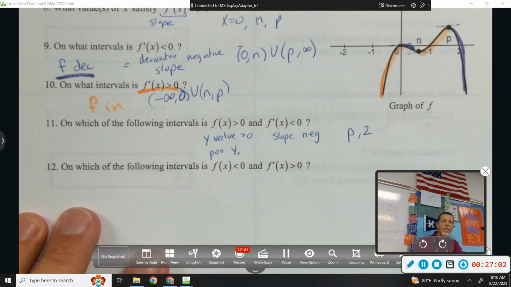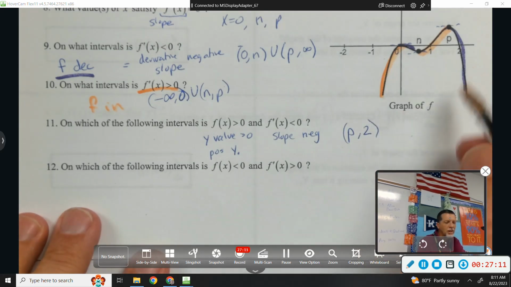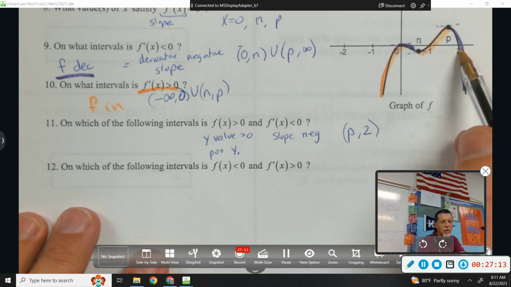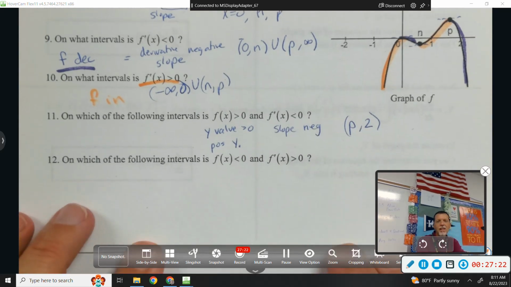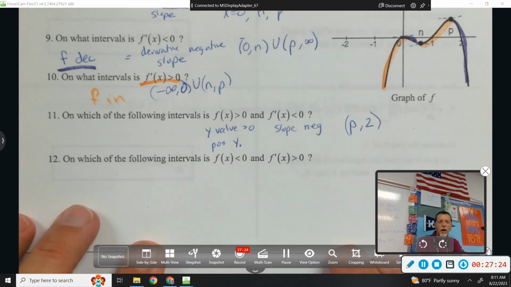And again, parentheses or brackets, I'm just going to go parentheses. I wouldn't want to include 2, because that definitely does not have a positive y value. You could argue that you want a bracket on p, but again, not really. We're not worried. All right, you try the last one, and then we'll be done.